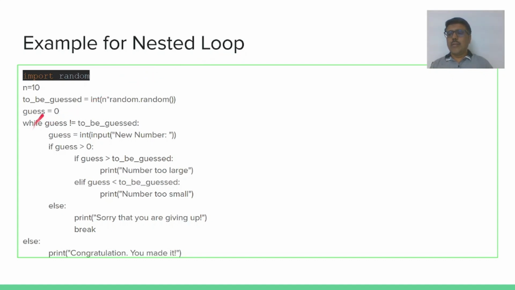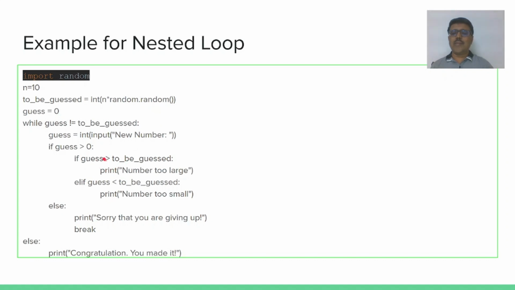In this sample example, it is a simple game where you will be guessing a number. If you guess the correct number, it will print congratulations. And if you are not able to guess, you can simply say you give up. And suppose there is the guess number and the system generated number.